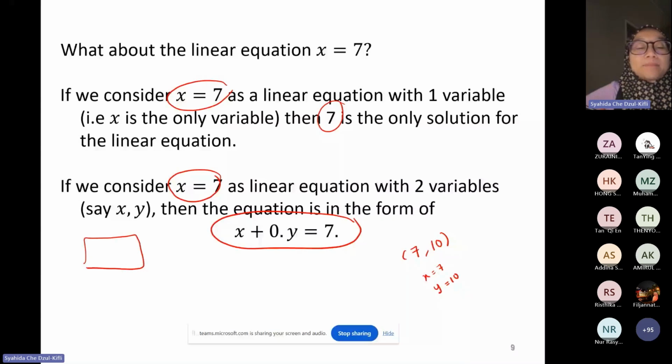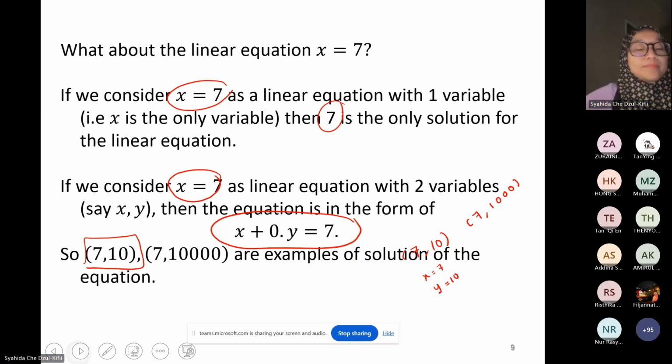We may pick any example of solution as long as the x value is 7. The first component is 7, and the second component can be any real number.